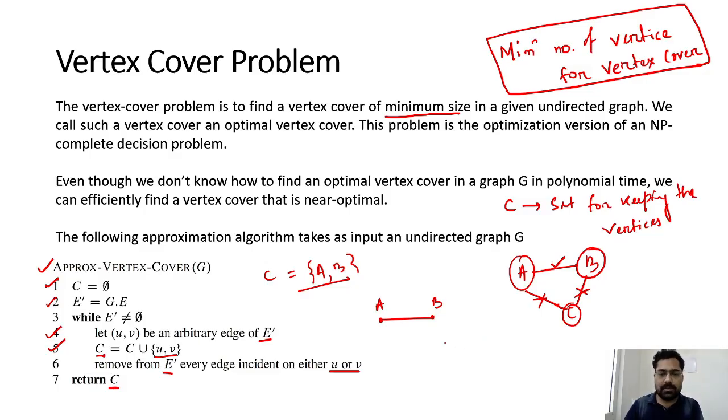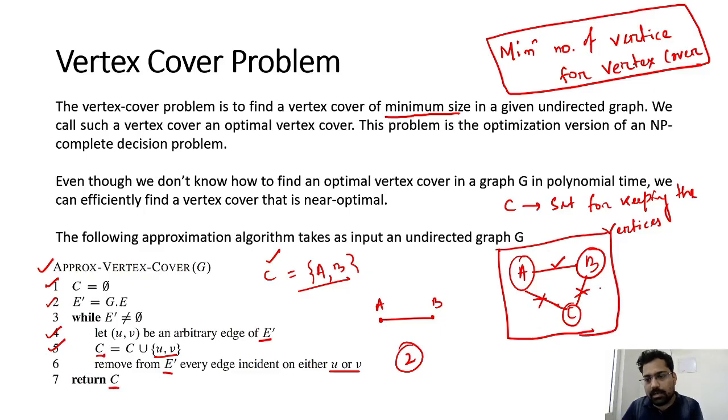So we are expecting our optimal solution. First of all, this C is the approximation value. The number of vertices is 2. If I'd like to say for this example what the optimal answer, the correct answer, should be, we have already checked that for the optimal value: either ab, ac, or cb, anything we can take, but at least 2.